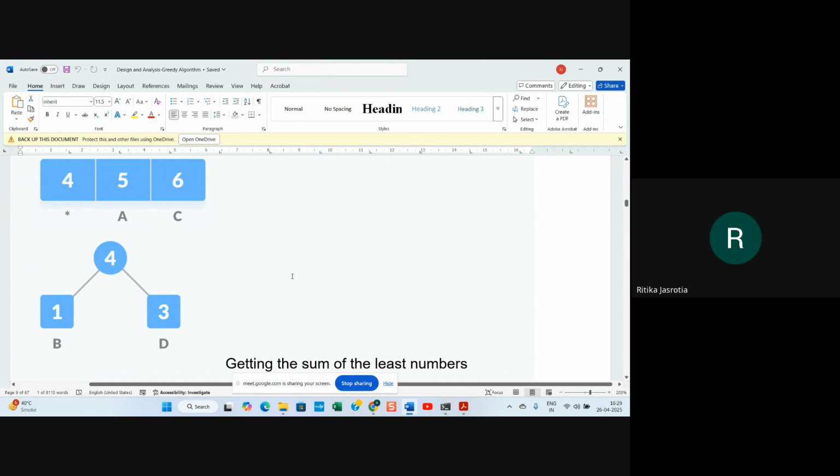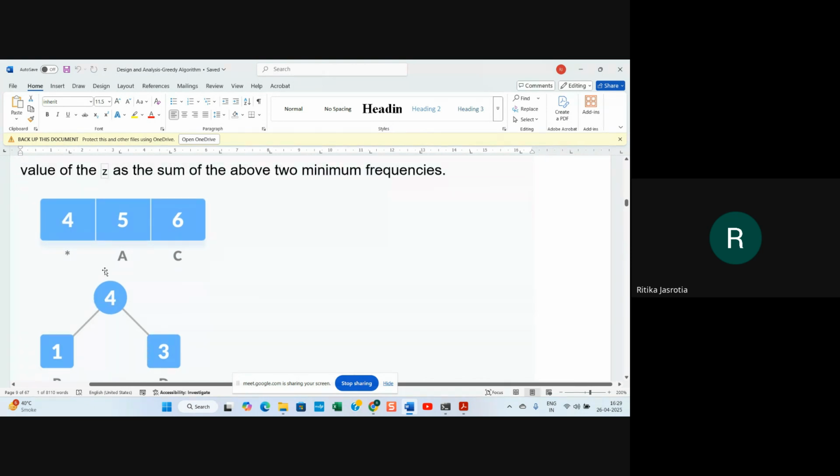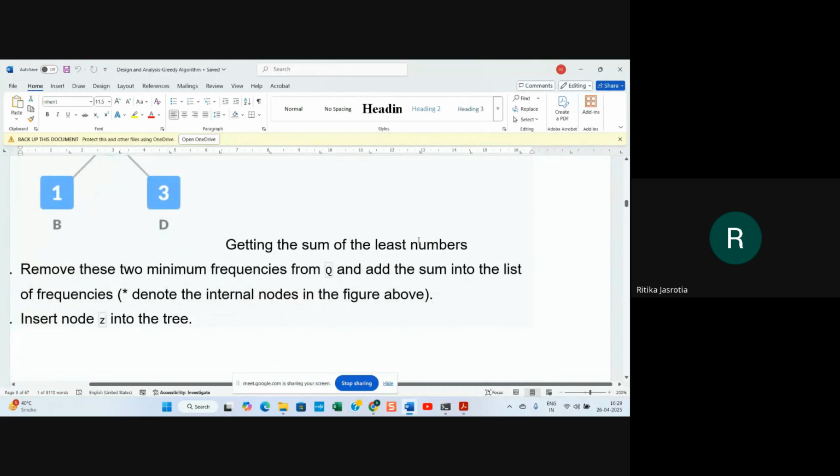So like this we will be doing. So 4 is your Z, the sum of the two frequencies. Remove these two minimum frequencies from Q and add the sum into the list of frequencies. Asterisks denote the internal nodes in the figure above. So insert node Z into the tree.